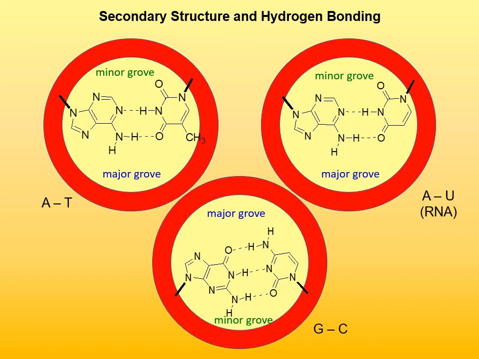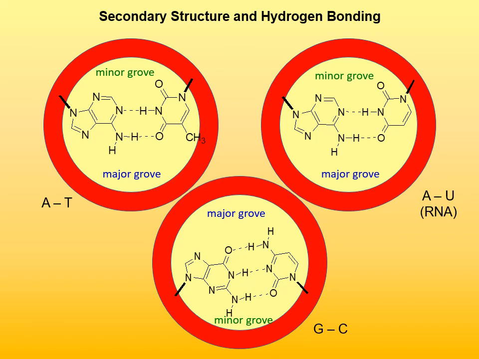The glycosidic bond to each of the bases is shown as a solid bold bond to the nitrogen, and intermolecular hydrogen bonds are also indicated. So now in the view from the top, you can also identify what the major groove and minor groove look like in each base pair.